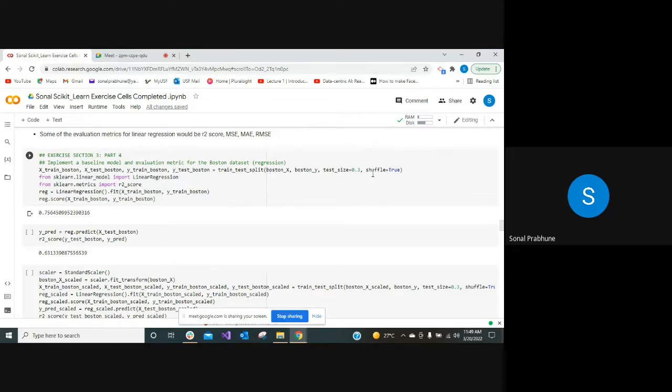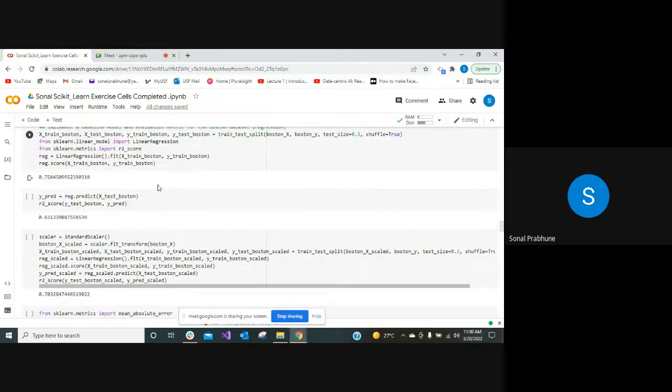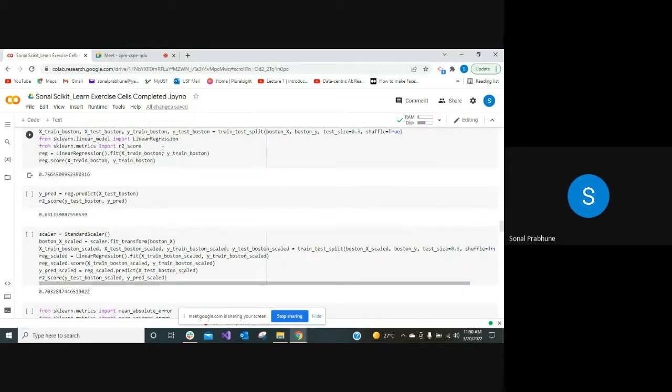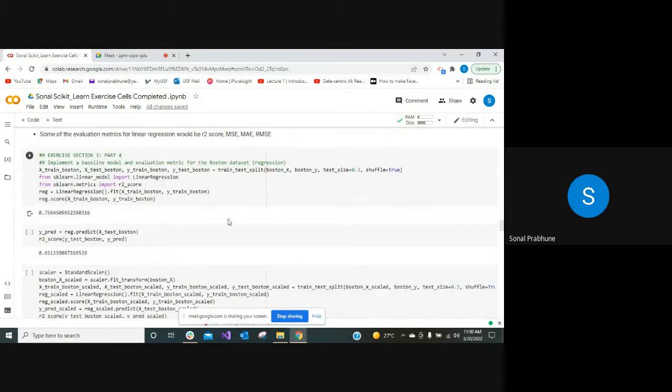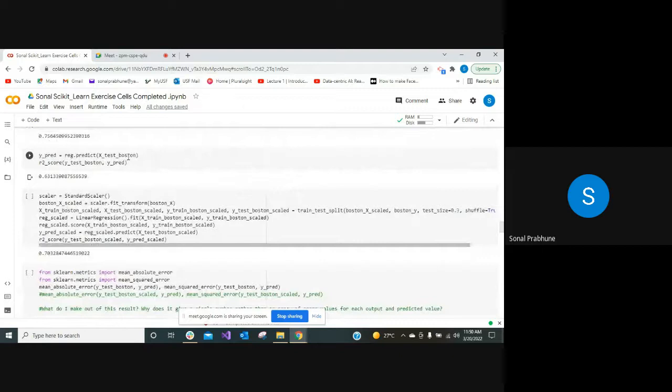Again, dividing it into a train test split, using linear regression, with the R square metric, fitting and then scoring it. That's the baseline score. Then when I predict and run an R square on the actual values and the predicted values, that's the score I get on the actual data.